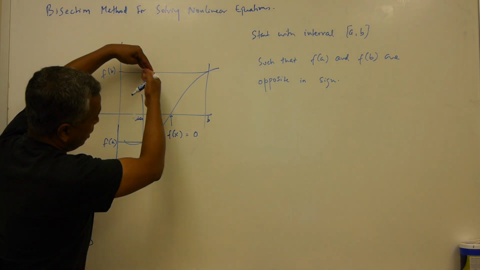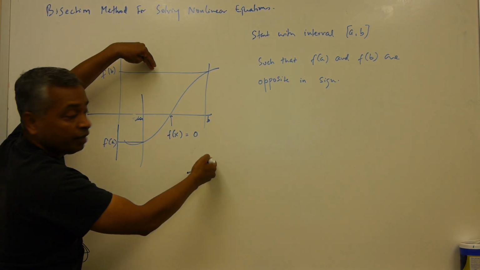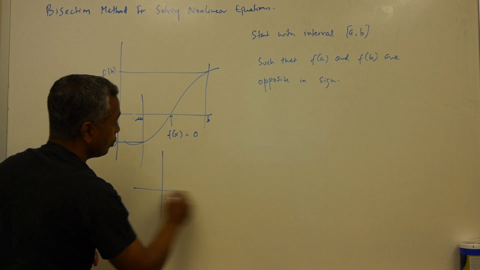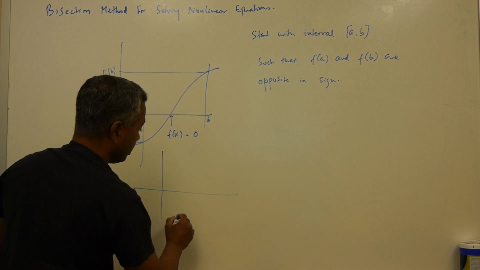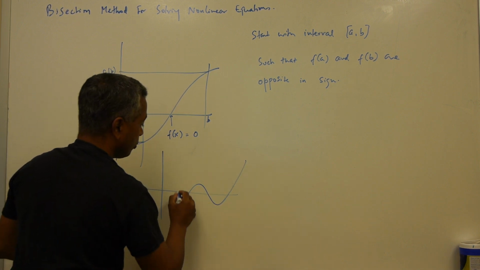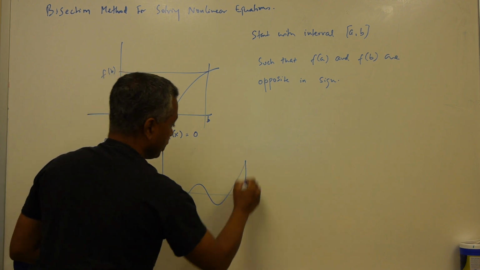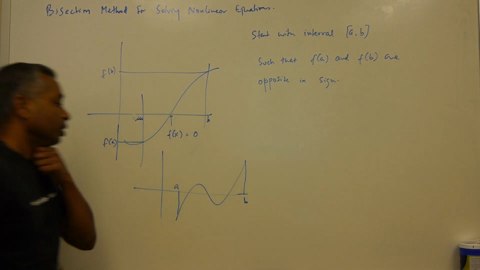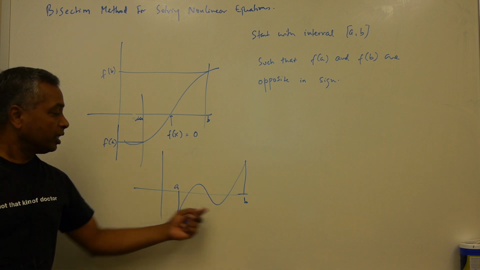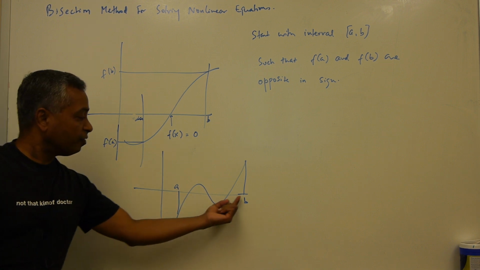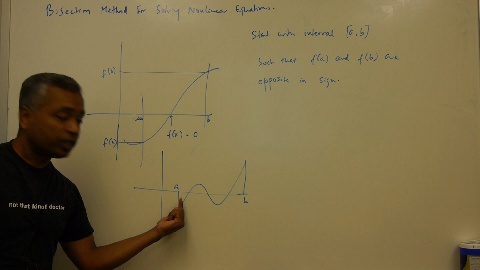You could have had f(a) being positive and f(b) being negative. In fact, you could have had something even more complicated. You may have something like this, where this is a and this is b. So a function like this tells you that even though f(a) and f(b) are opposite in sign, you may actually have more than one root.